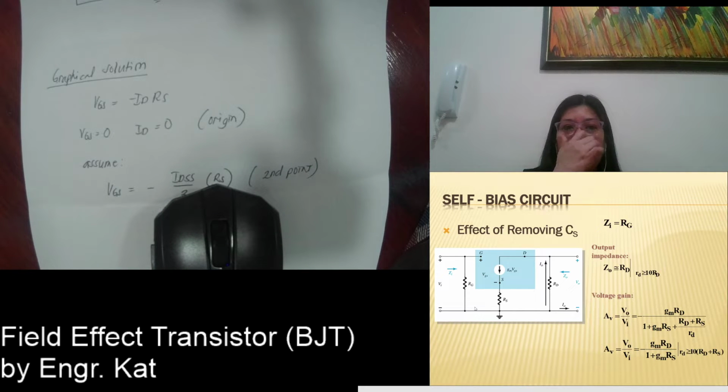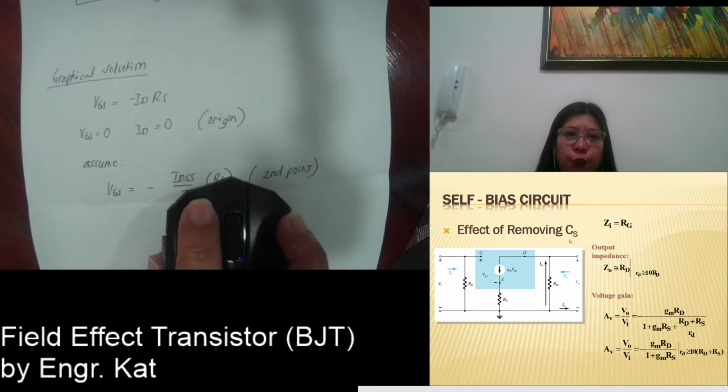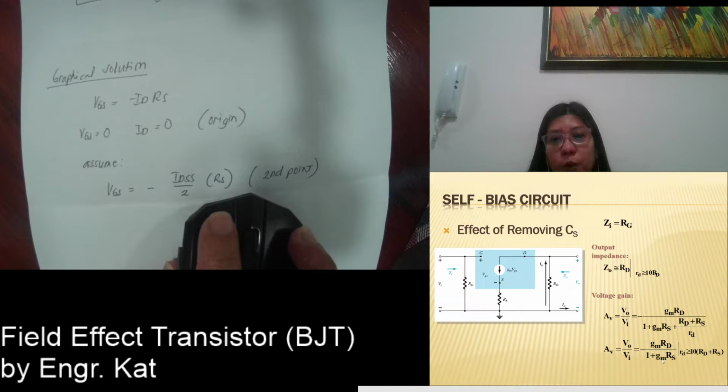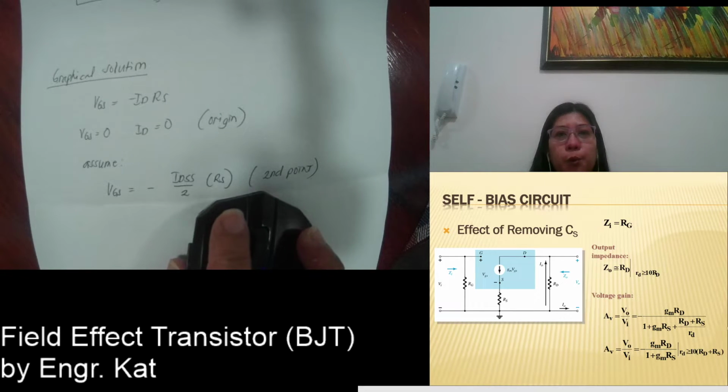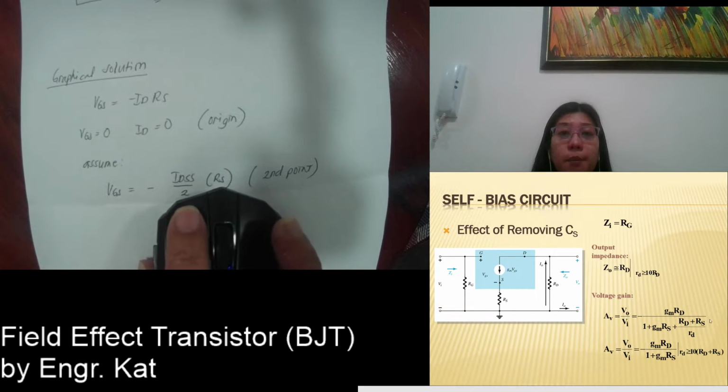This is the effect if we remove your CS or your bypass capacitor at your source. We can see the effect at the voltage gain. The voltage gain will be reduced, just like the effect when you don't have the emitter bypass capacitor in your BJT.